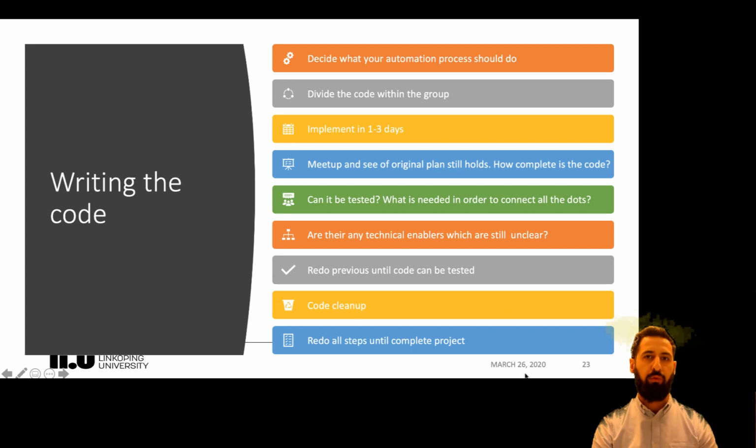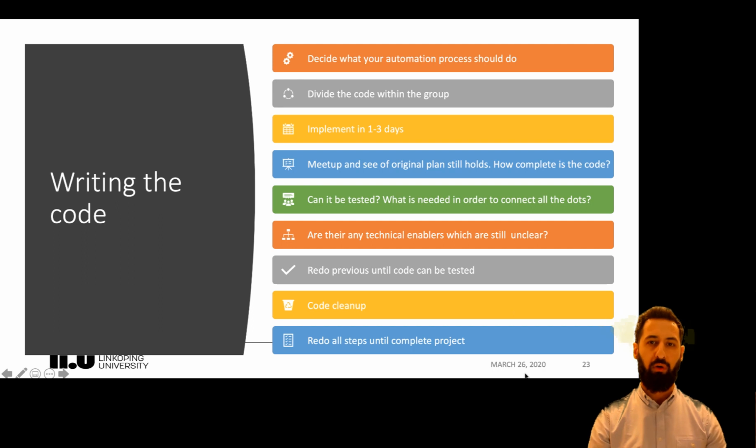So when you're going to write the code, these are the steps that are recommended. Decide what your automation process should do. Divide the code within the group. Implement in 1 to 3 days. Meet up, either physically or with Teams, and see if the original plan still holds.